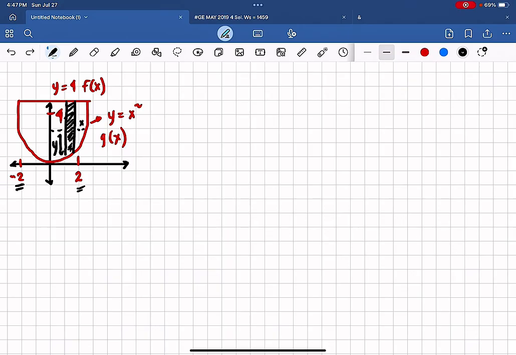In between. So to find the centroid of a planar region, we have to use these formulas.